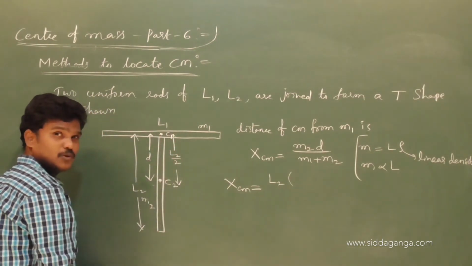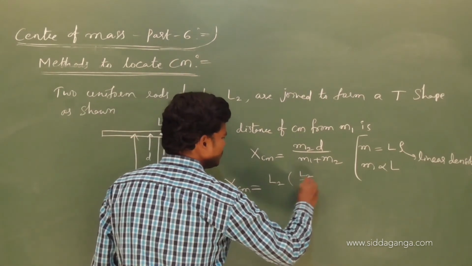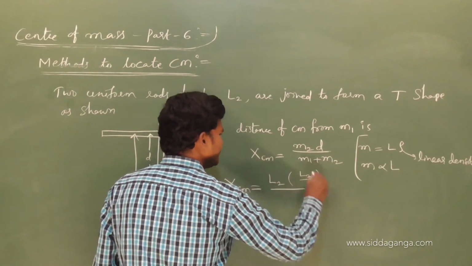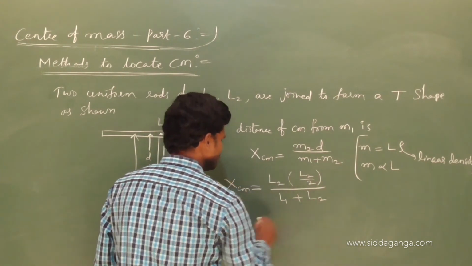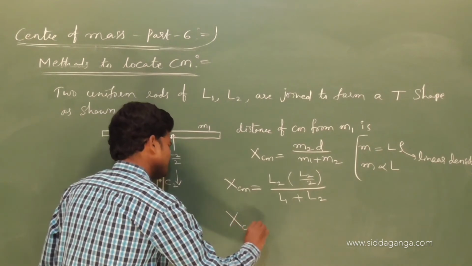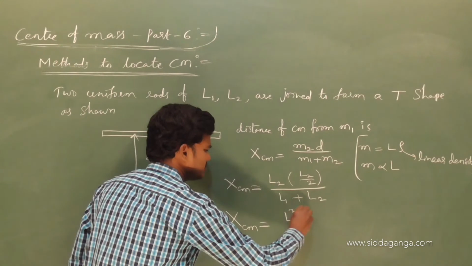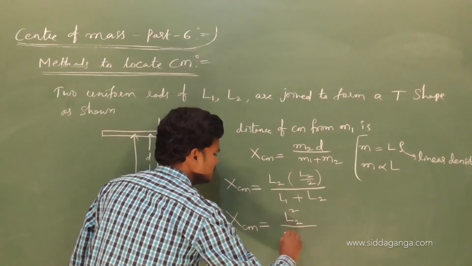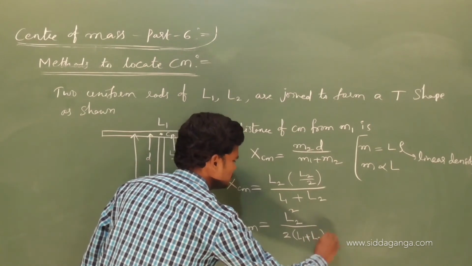So D is equivalent to L2 by 2, with M1 proportional to L1 and M2 proportional to L2. So the distance of the center of mass from the first rod, we get as L2 square by 2 into L1 plus L2.